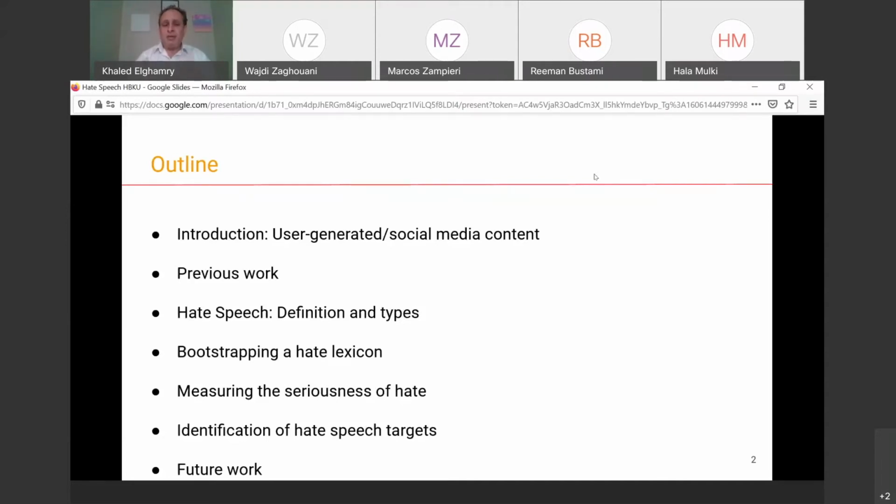Second, I'm experimenting with a measure of the seriousness of hate speech, and I will talk more on this later. Third, how this lexicon can be used in the identification of hate speech targets in the Arabic Twitter, and then some future directions for research to come.